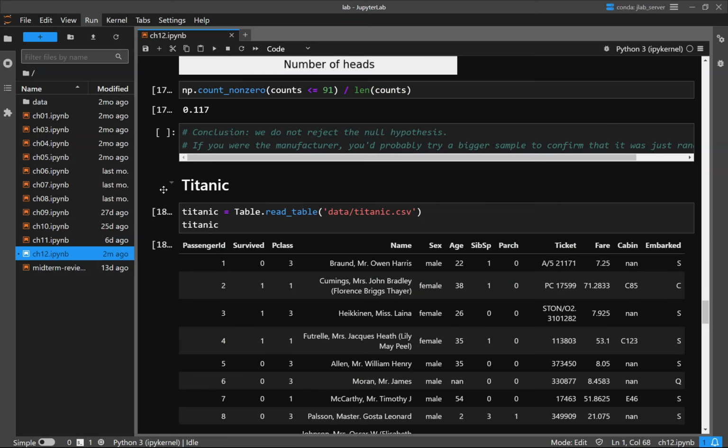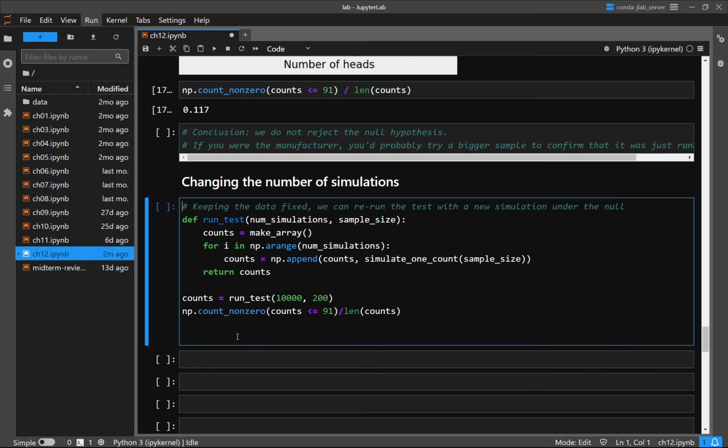It's going to take a little bit for me to put all this in here, but it's worth it. So let's do it. I'm just going to copy and paste it. Changing the number of simulations. So I've got a big function. Let me just put all this in here real quick, and then I'll explain it.